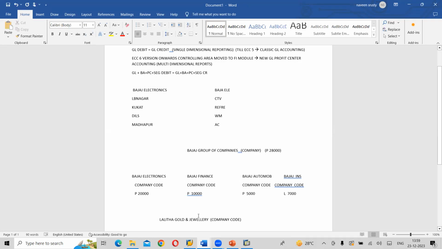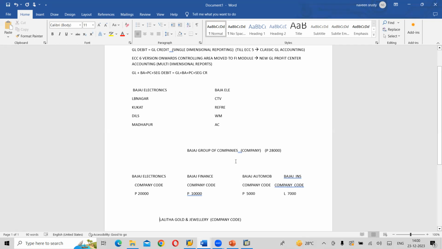So no need to create any group of companies here because it's only one company which deals in only one item, gold and jewelry. Under gold and jewelry, the category segments would be different: rings, chains, necklaces. But apart from gold and jewelry, diamond, are they into another business? No, right?